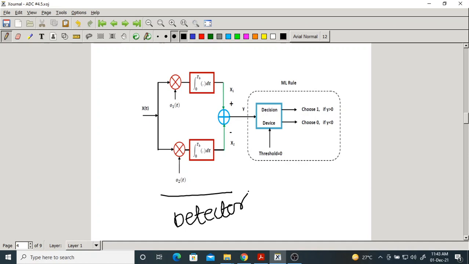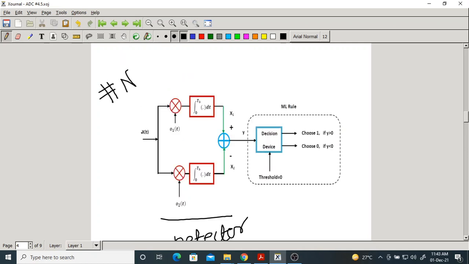I told you the detector is a bank of correlators. How many correlators should there be? Capital N number, and here the value of capital N is 2. 2 correlators. This is the first correlator, and this is the second correlator.